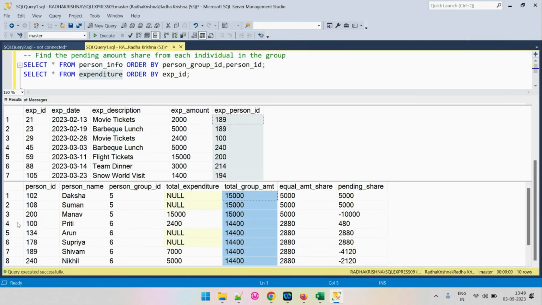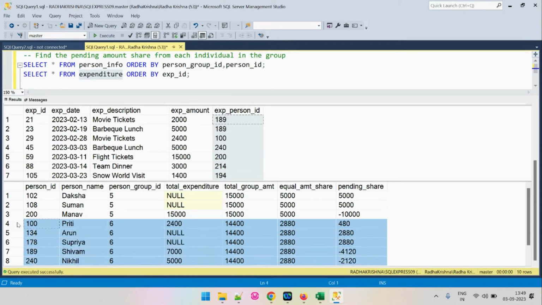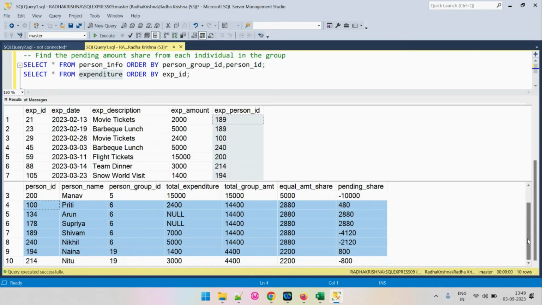For example, let's take group number 6. In group number 6, these are the people that are involved, and these are the total expenditures done by three individuals. Summing this together, the total group expenditure is 14,400.